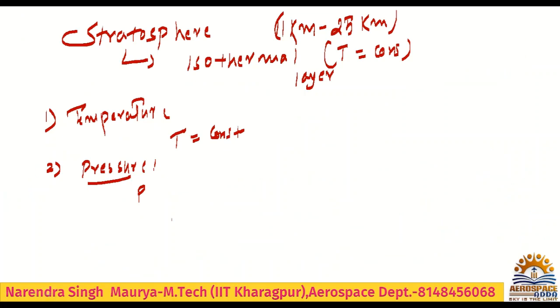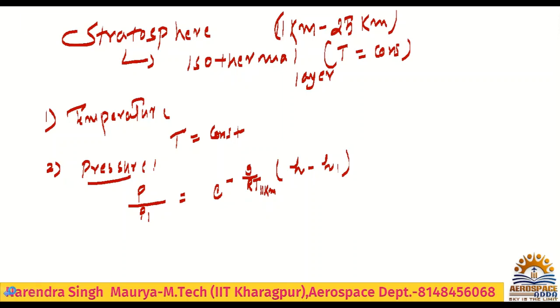So P divided by P1 is equal to e to power minus g by R T11. Now the 11 kilometer temperature you have to write, in bracket h minus h1. Hope you understood this. This is the formula.